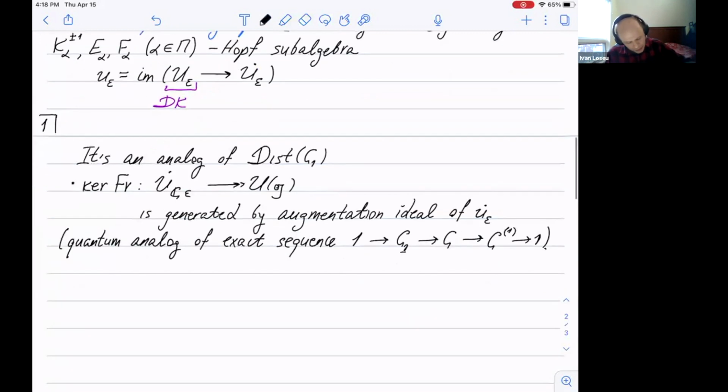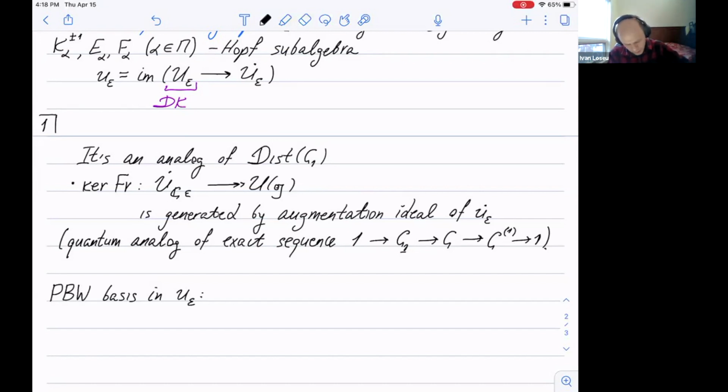And then you can write a PBW basis in this small u_epsilon. It's very similar to the PBW basis for the distribution algebra of the first Frobenius kernel.